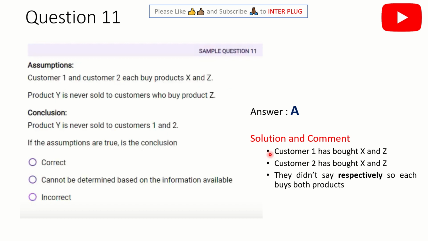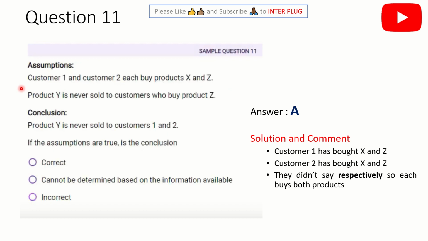When you read the first statement, customer 1 and customer 2 each buy products X and Z. For me, this means customer 1 buys X and Z, and customer 2 also buys X and Z. Because if it was that customer 1 buys only product X and customer 2 buys only product Z, they would have mentioned something like customer 1 and customer 2 each buy product X and Z respectively, to put that separation, to say each of them bought only one of those things.